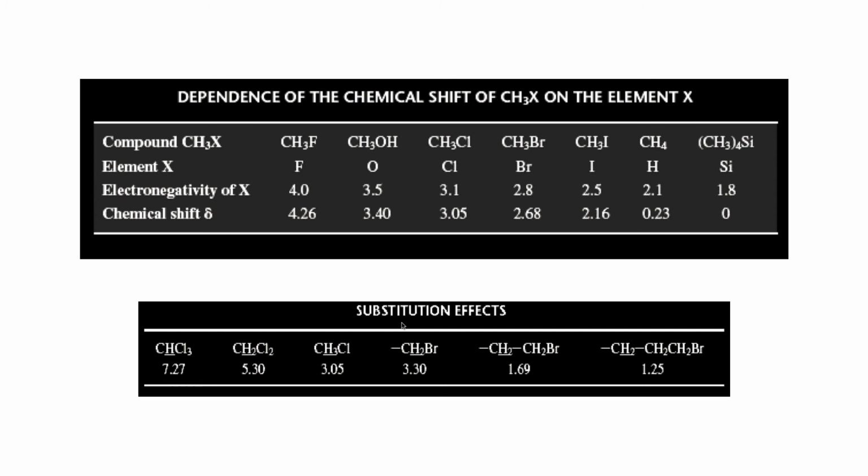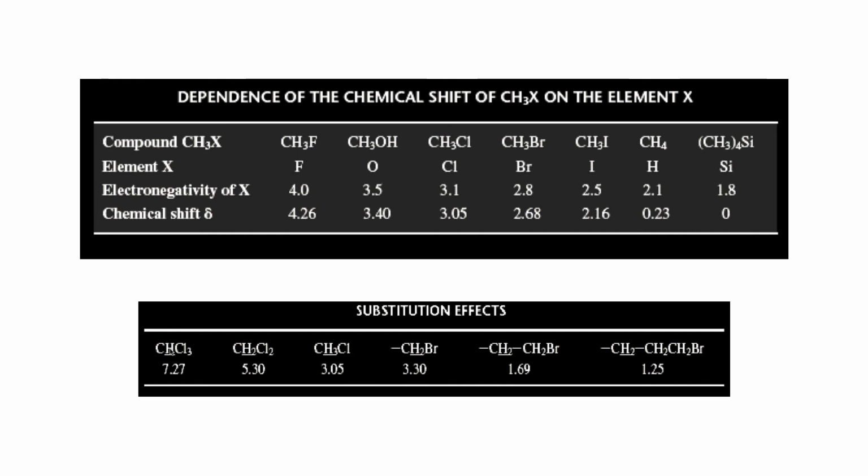So for the substituent effects, I have highlighted all these hydrogens here. If more electronegative groups are added to this carbon, you can see there are 3 chlorines. Since chlorine is electronegative, with an electronegativity of 3.1, and there are 3 chlorines, the delta value shifts towards a much more deshielded region, that is 7.27.